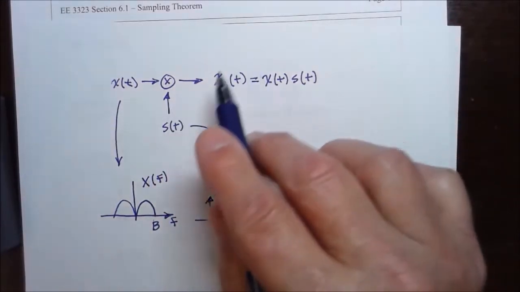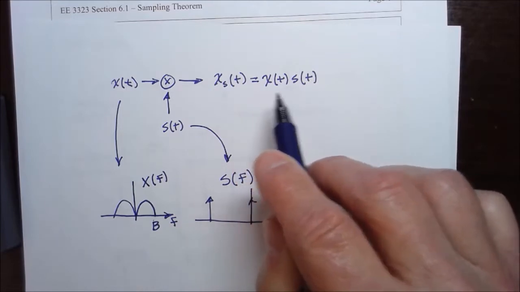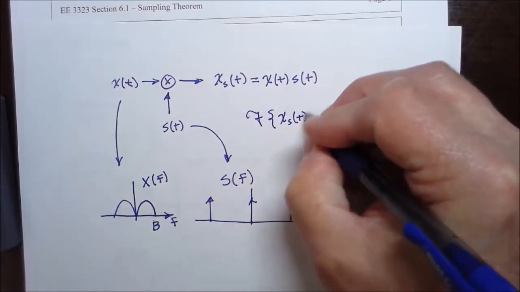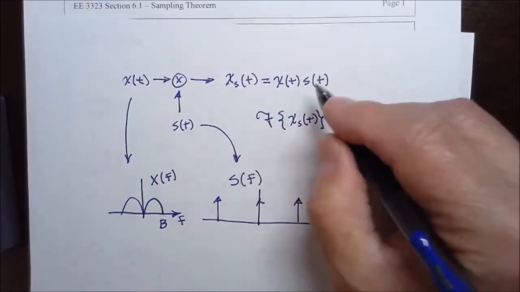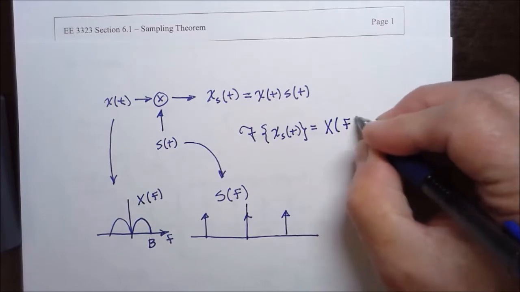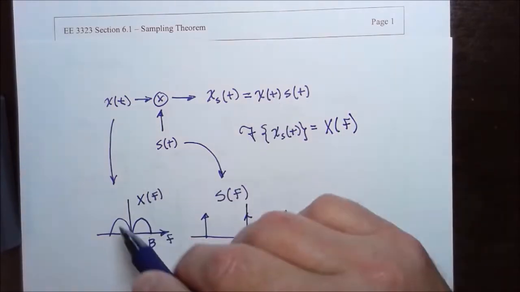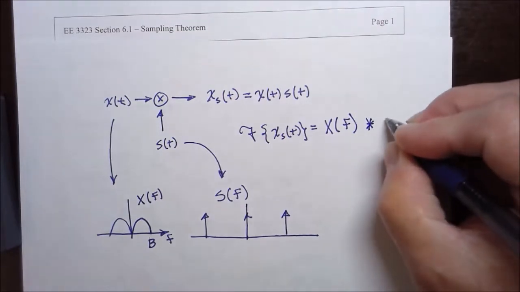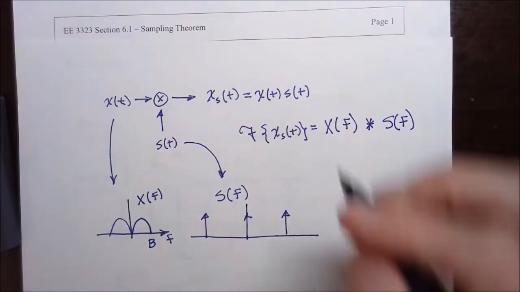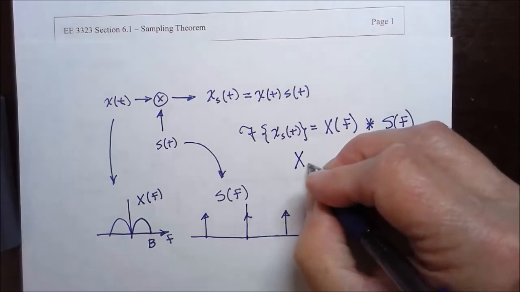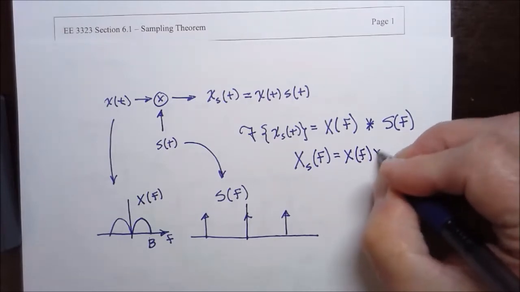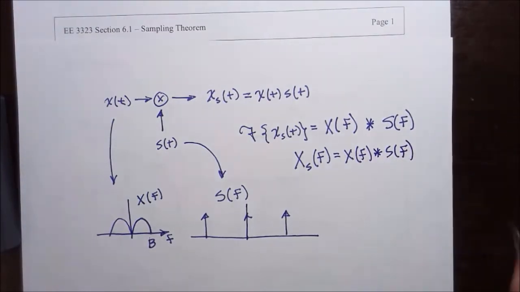The Fourier transform of the sampled time signal, using our multiplication theorem, is going to be the Fourier transform of the message signal convolved with the Fourier transform of the sampling function, and this is going to be capital X with the subscript s of f is equal to capital X of f convolved with capital S of f.